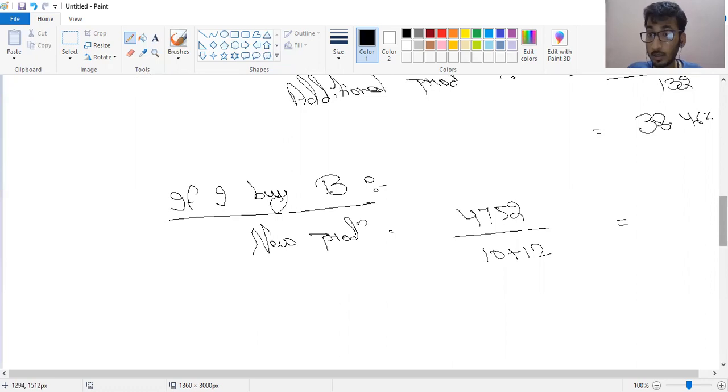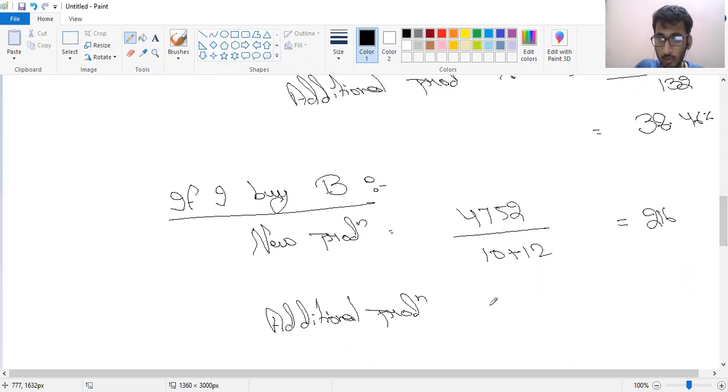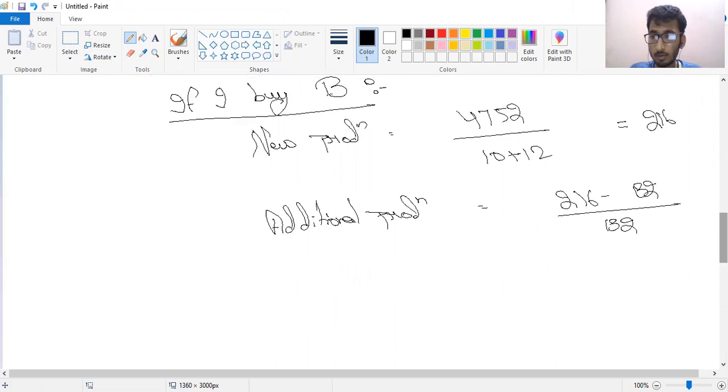So I can say 216. Additional production would be 216 minus 132 divided by 132. It would be 63.63, additional percentage. 63.64 percentage.